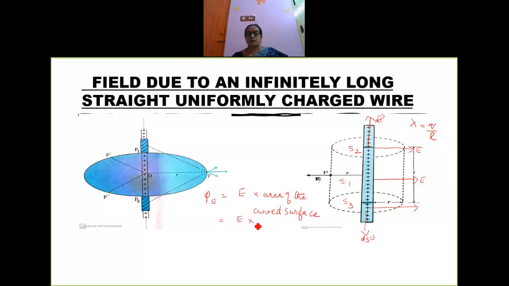Now the area of the curved surface is the circumference, which is nothing but 2 pi r, into the length of the cylindrical surface, which is L. Clear?